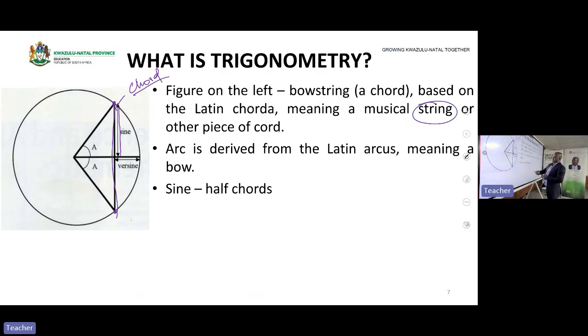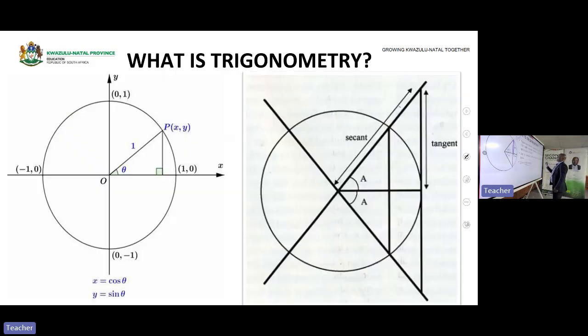So therefore, sine means half of that chord. In this case, it can be regarded as a height. So it is half chord in relation to an angle. That's why bow and arrow. Basically, sine means half of a chord.